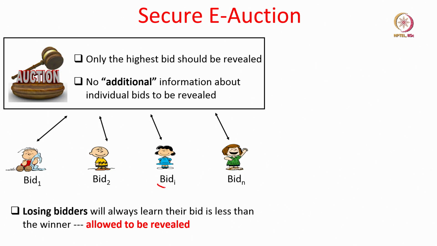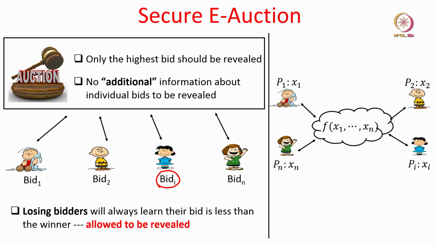So, if I am the ith bidder and if I am not selected as the winner in the secure e-auction protocol, then I know that the value of my bid is definitely less than the winning bid. Okay. That is allowed to be revealed, that is not a breach of information. Okay. So, again you can see how the secure MPC problem abstracts this application. Okay.